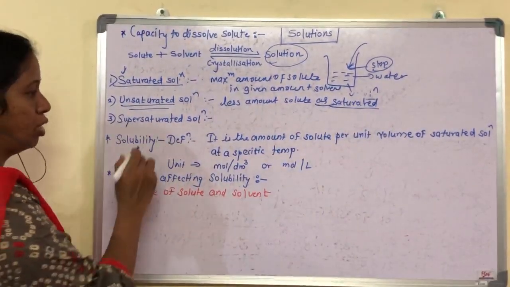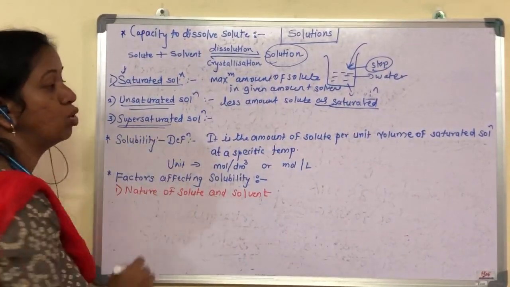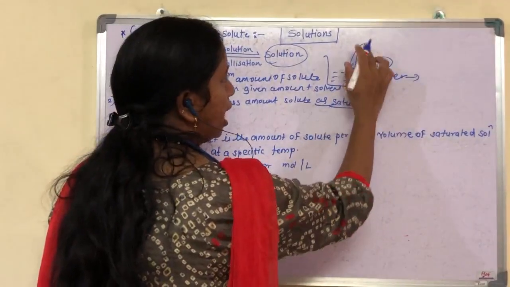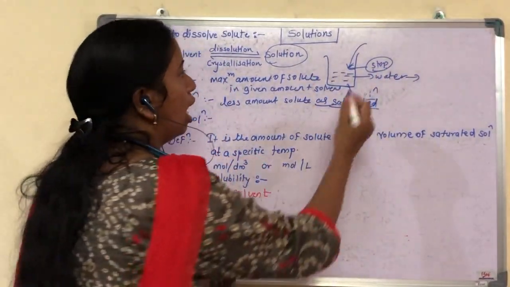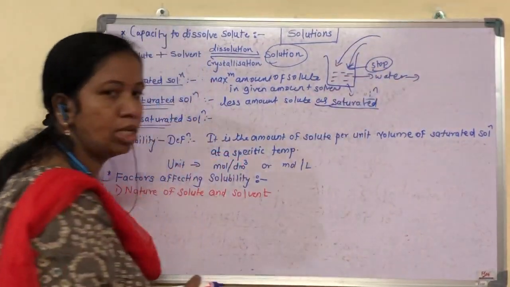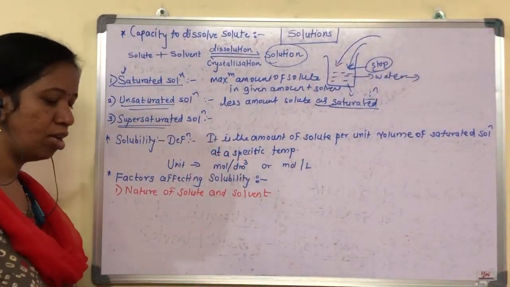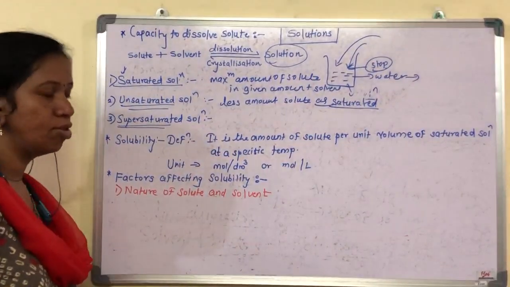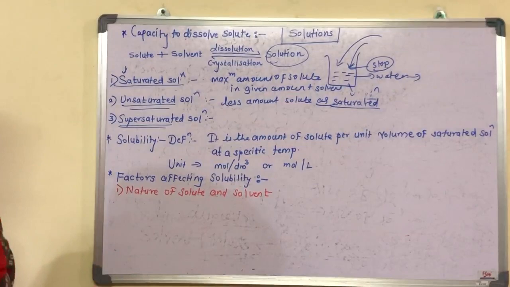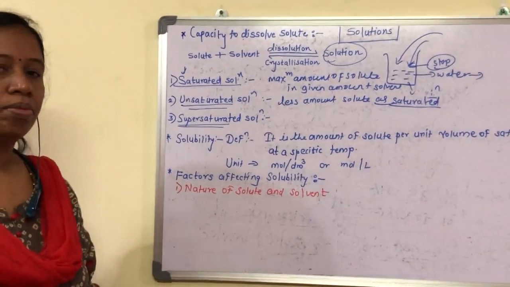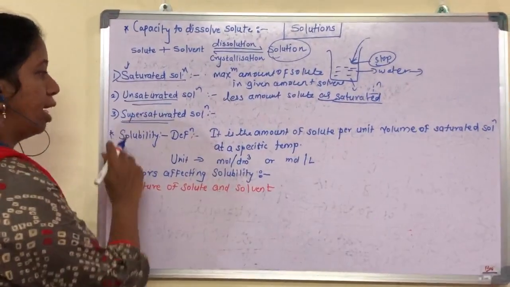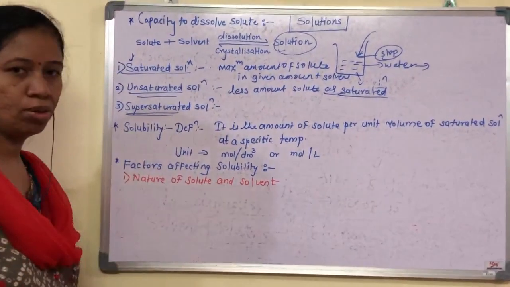And the supersaturated solution, here we have already reached the saturated stage, and then if we add more salt into it, it can't dissolve. Now the third type of solution is the supersaturated solution.